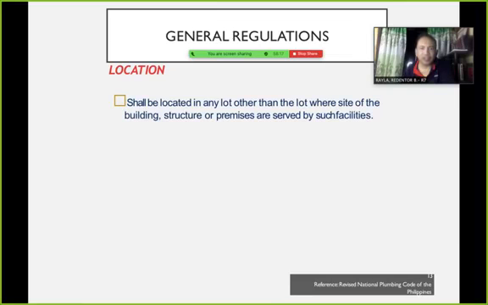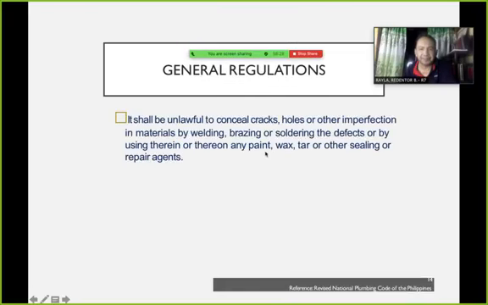So location shall be located in any lot other than the lot where the site of the building structure premises are served by such facilities. It shall be unlawful to conceal cracks, holes, or other imperfection in material by welding, bracing, or soldering the defects, or by using therein or thereon any paint, wax, tar, or other sealing or repair agent.